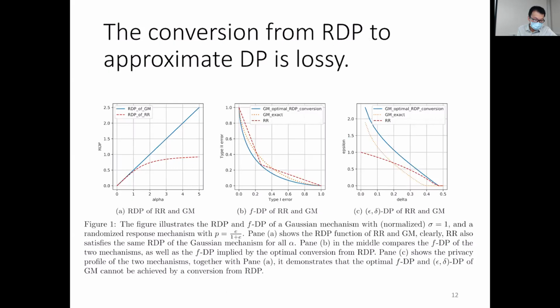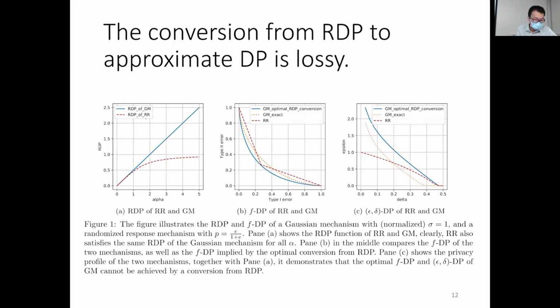So I'm comparing the Gaussian mechanism and the randomized response mechanism. As we know, the randomized response mechanism is a pure DP mechanism, and it also satisfies concentrated DP. When it satisfies concentrated DP, it means that in terms of Renyi DP, it is dominated by the Renyi DP of a Gaussian mechanism.